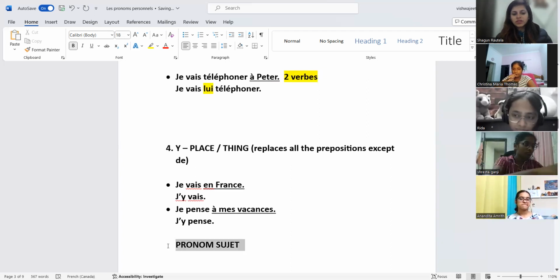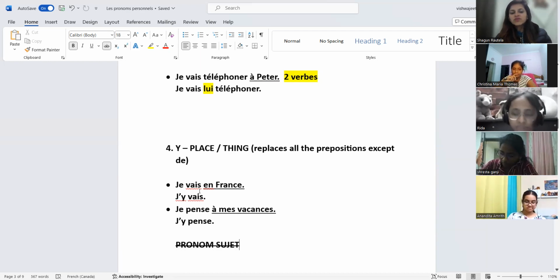You can't write that, because it is saying place or thing, and pronom sujet you write in the starting. Subject pronoun is already given in the sentence. For example, you get the sentence Je vais en France in the exam and you don't know which one to write. So eliminate all of those which you think cannot be possible, like pronom sujet cannot be possible because it's already given. Then next one is COD.